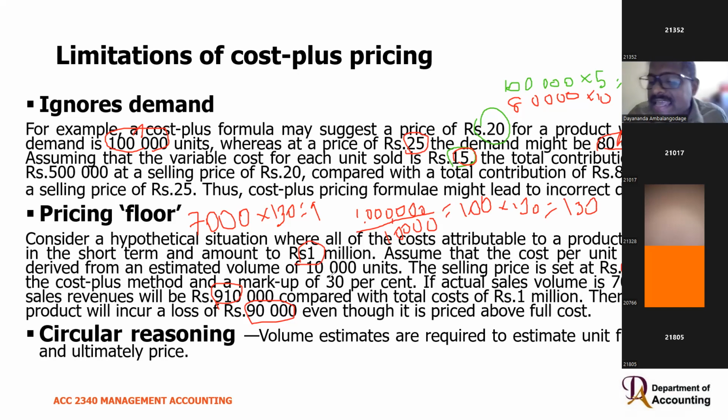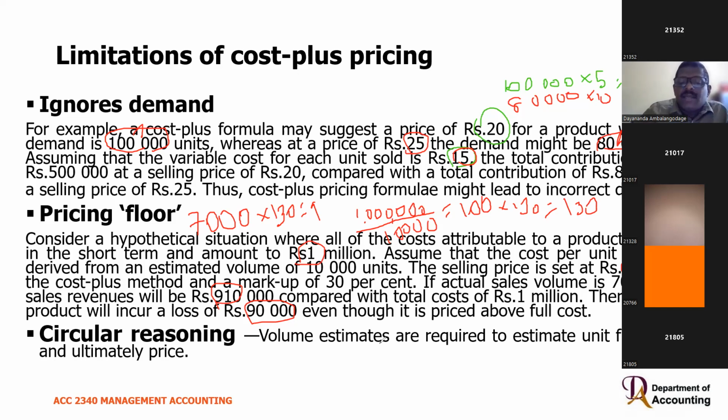If your actual sales are less than 10,000, then you are not in a good position. If you sell more than 10,000, your position is much better. When you sell lower than the estimate, that's bad. When you sell more than the estimate, that's good. It's because of the behavior of the fixed cost.